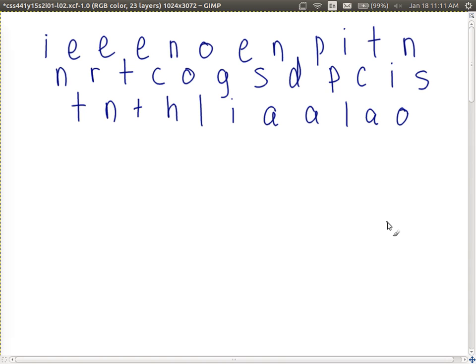What we do to get the ciphertext is simply read the first row, then the second row, and the third row. The ciphertext, I'll write it in lowercase, it's faster. Just read the first row. And then the second row.